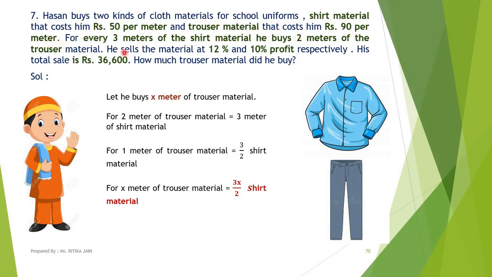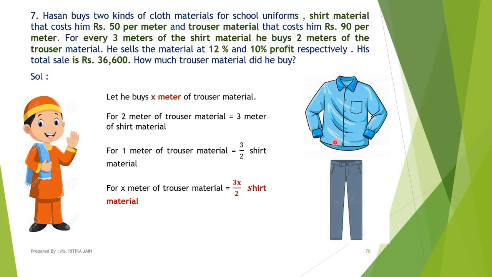Now, for every 3 meters of the shirt material he buys, 2 meters of the trouser material. Means when he buys 3 meter material of shirt, then he buys 2 meters of trouser material. So this is a relation which is given to us between the materials of shirt and trouser.